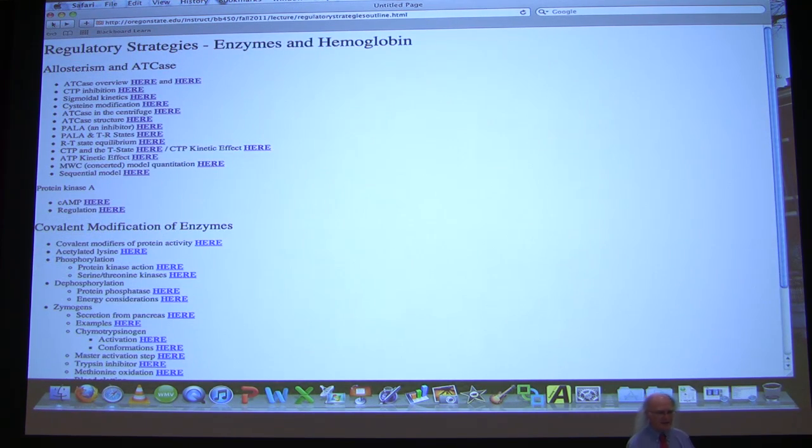What does protein kinase A catalyze? Well, first of all, I need to tell you a term that you should absolutely know, and that's the term kinase. Whenever you hear the name of a molecule or the name of a protein in this class ending in -ase, it is always an enzyme. Always.